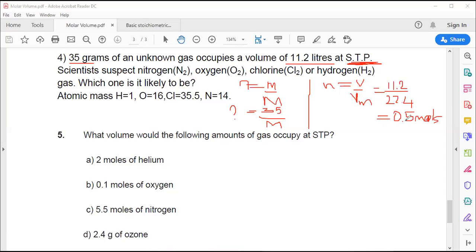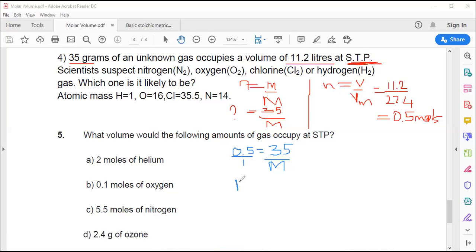Now that I've got the moles, I'm going to substitute them in this equation. Where I didn't know the number of moles, now I've got 0,5 is equal to 35, which is the mass that I was given, divided by the molar mass. I need to find the molar mass, so this is going to be over 1.